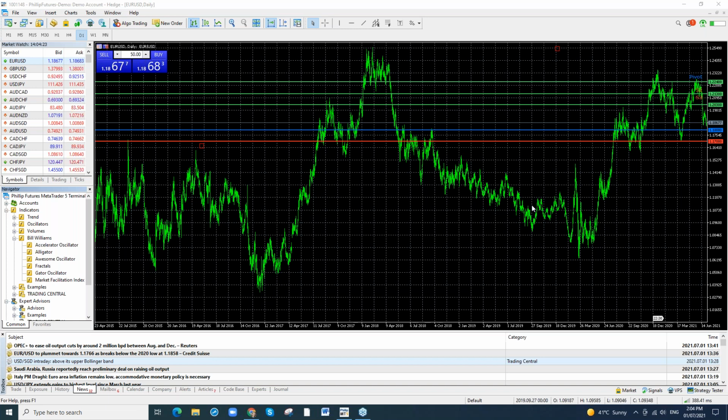Let's start from the indicators. So if you go to the navigator window, under indicators, you're going to find a Trading Central. If you click on the plus, you will get a couple of indicators available for you. The one that is the mostly used is the analyst views that you can see now on the chart.